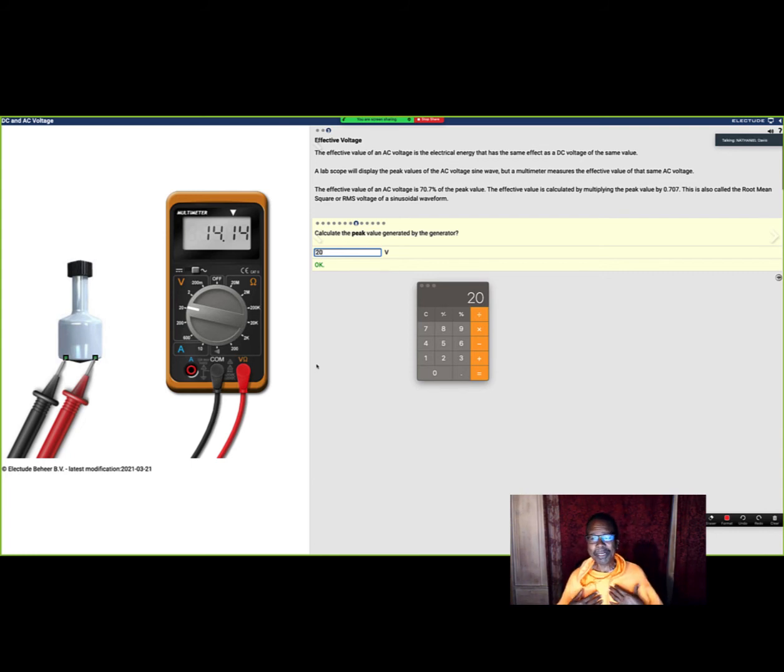Anybody see it? Maybe I'm seeing something wrong. Because the math formula says the effective value is calculated by multiplying the peak value by 0.707. This is also called the root mean square. It says multiply, so I multiplied and got 9.96, and it's wrong.